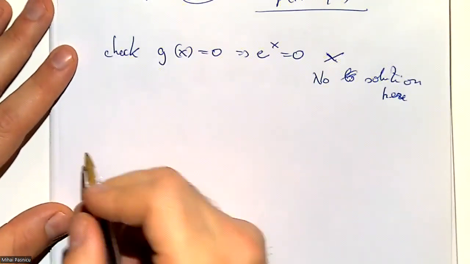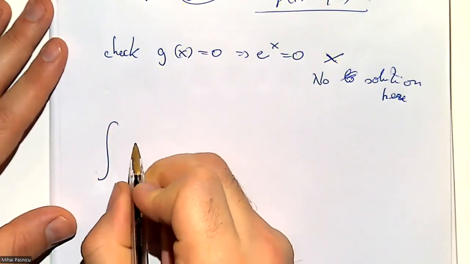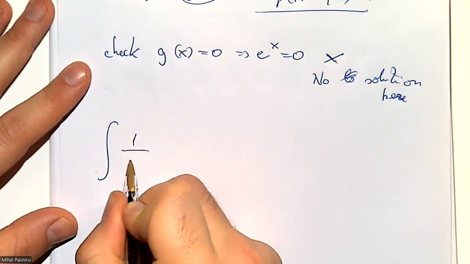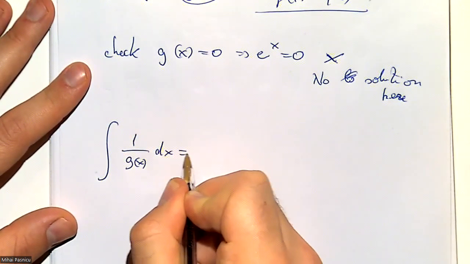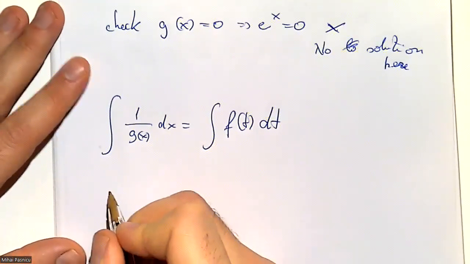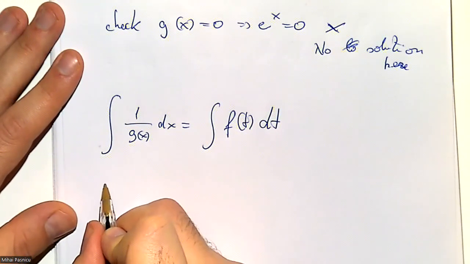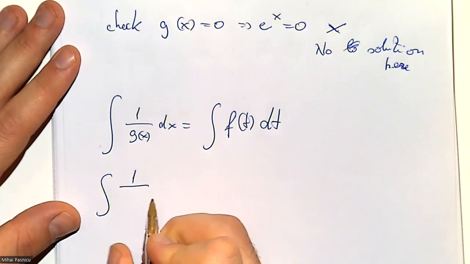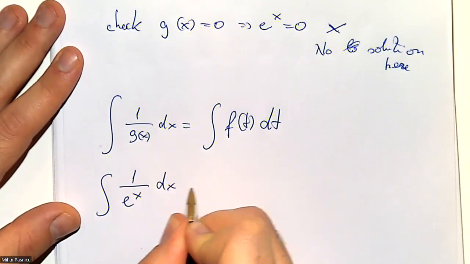Good. Now, what we have left to do: integral of 1 over g(x) dx is equal to integral of f of t dt. Now, 1 over g(x), we'll leave the right-hand side for a second because we're trying to avoid it as much as possible.